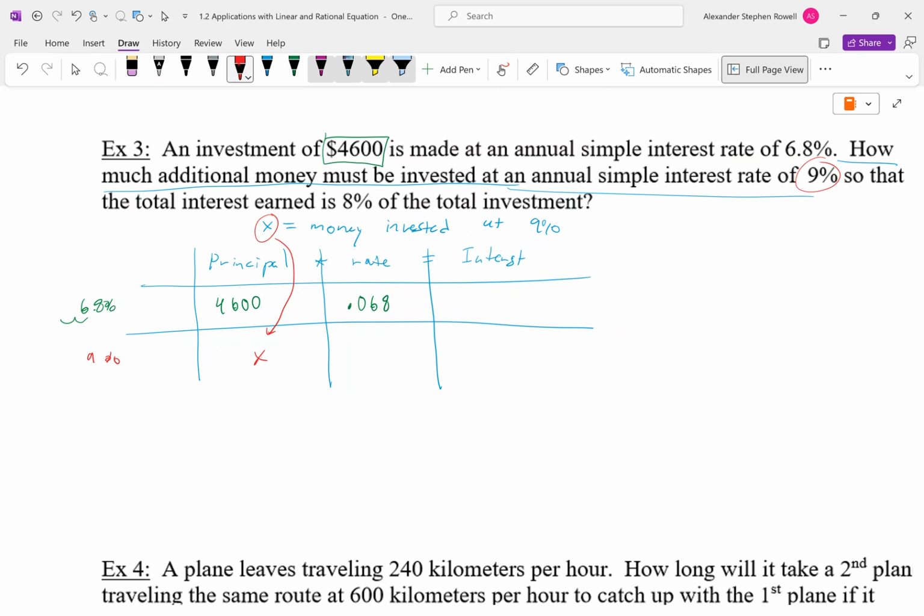And now we convert the 9% to an interest rate. So as a decimal, what is 9%? 0.09, move the decimal to the left twice. Very good. Once those first two columns are filled out, then we multiply across. We say 0.068 times 4,600 and 0.09 times X.